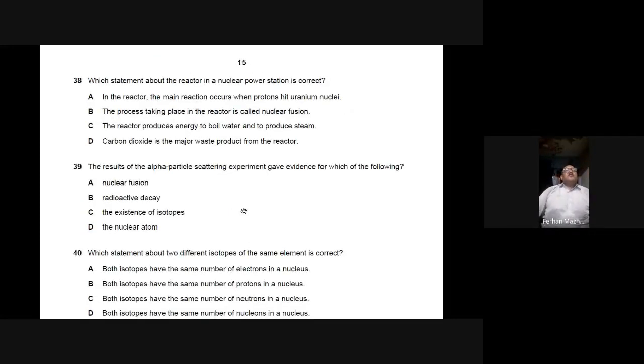Question number 38 is on your screen. Which statement about the reactor in a nuclear power station is correct? In the nuclear power station, the process of fission takes place.